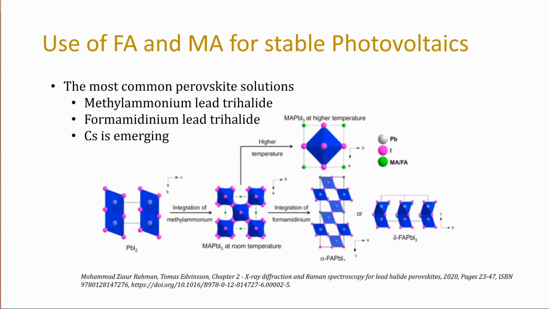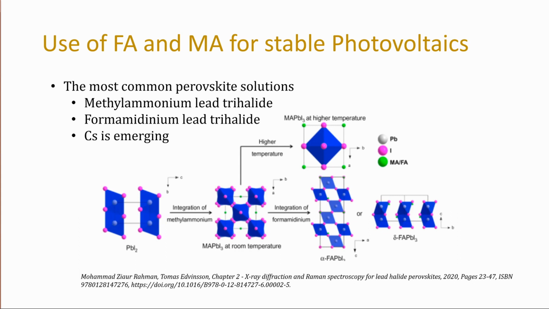When we are creating perovskites for solar cells, the use of methylammonium or formamidinium has been found to be the most stable A-site cation. Recent research has also found some mixtures of both methylammonium and formamidinium to be stable as well.